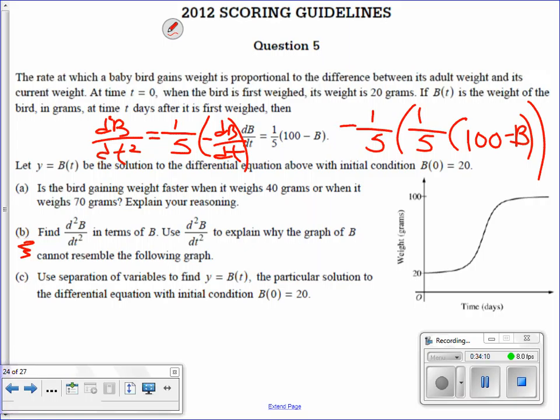Just be careful. You're going to use that to explain why that can't be the graph. We replace dB/dt with that. That's what you want to do when you get a second derivative with the differential equation problem.